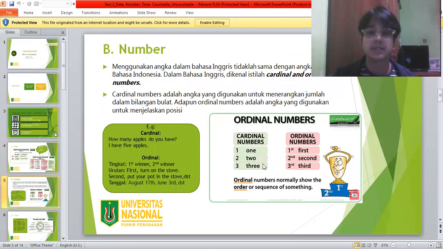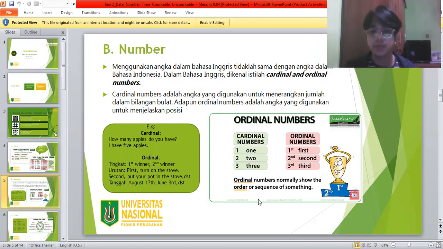All right? So this is the explanations about the number. There are two different numbers, which are cardinal and ordinal numbers. Ordinal numbers normally show the order or sequence of something or the positions, while the cardinal numbers is just a literal meaning. For cardinal, the question is, how many apples do you have?